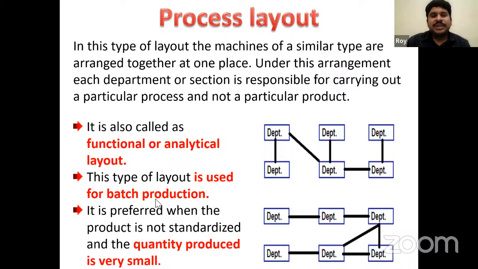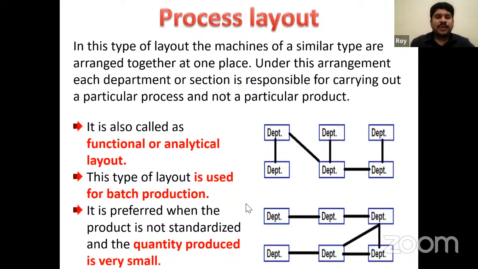And if you are producing in a batch, let us say white color laptops, I'm just giving an example, one batch, black color pens in one batch, red color pens, because here the items are changing, right? And when that happens, it has to come from a different department. It is preferred when the product is not standardized. Not standardized means it is customized and the quantity produced is very small.